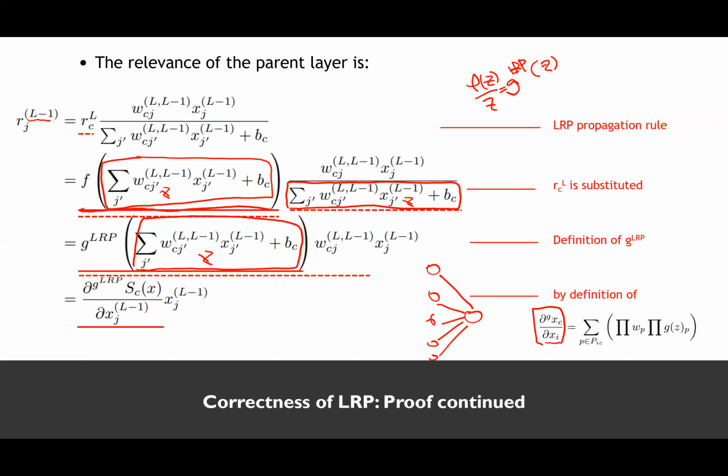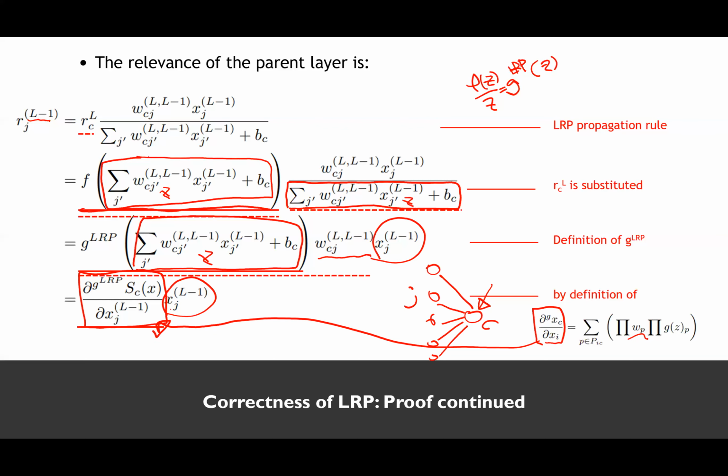If we compute the GLRP here, we can multiply the weight W from j to C, and this becomes the equation that we defined here, multiplied with the input in the previous layer.